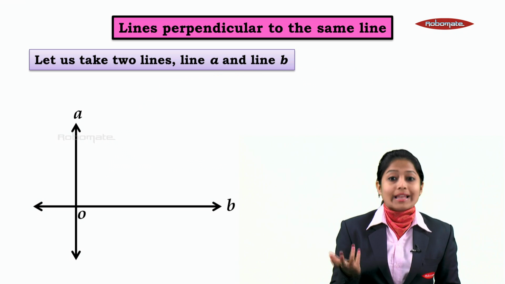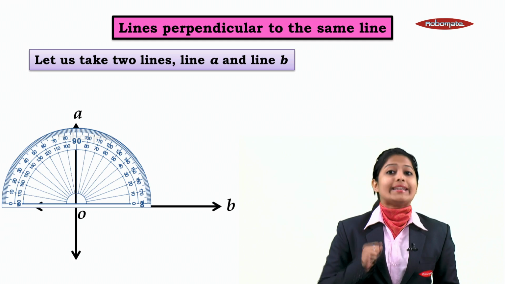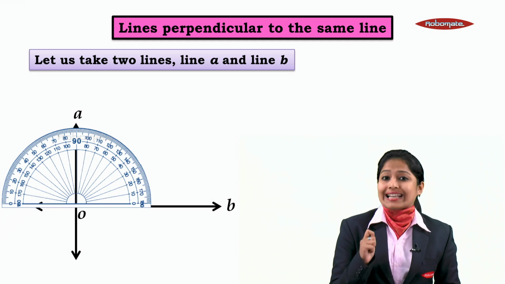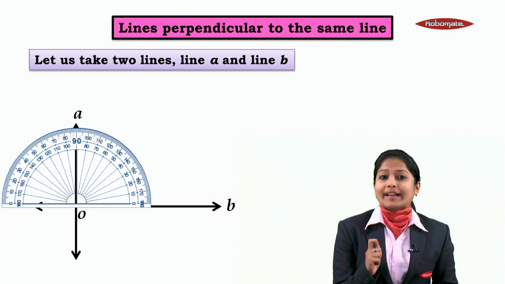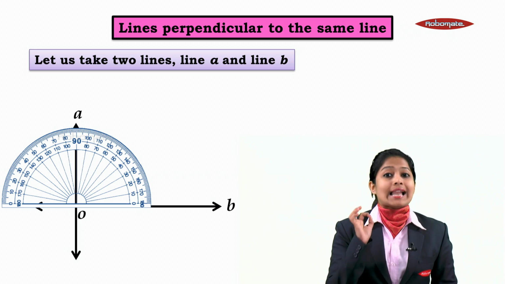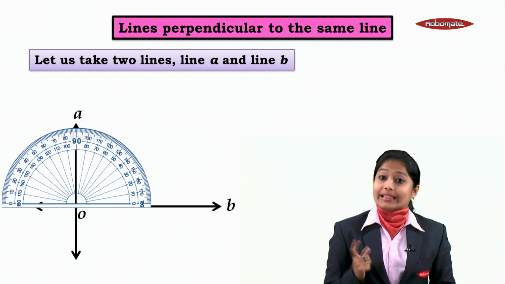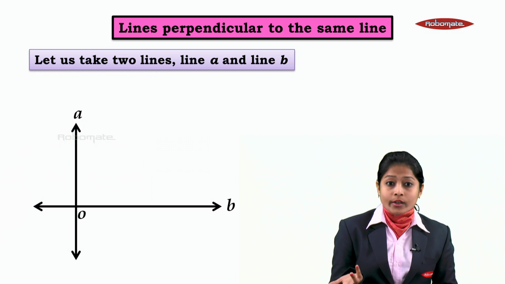We don't know. Let us take a protractor and find out. When we measure, we find that the angle is 90 degrees, which means line A is perpendicular to line B. Therefore, it is a perpendicular.